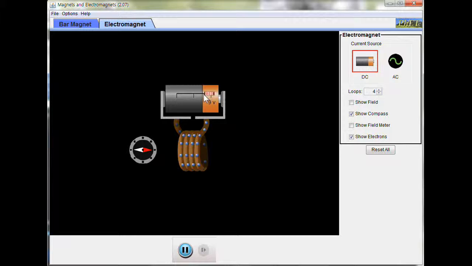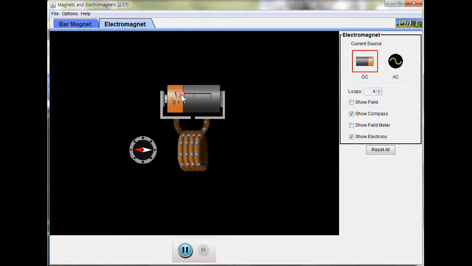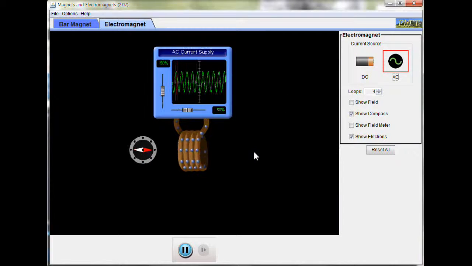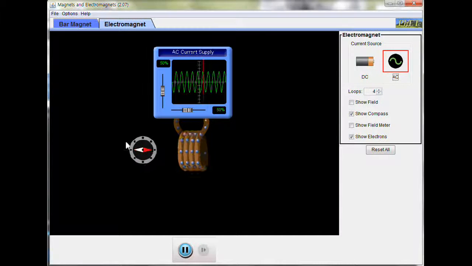And if you keep changing between positive and negative current, you can actually do this by using an alternating current source, which is given here. So you see, the current or voltage changes as a function of time continuously, and the polarity keeps changing between north pole and south pole, right?